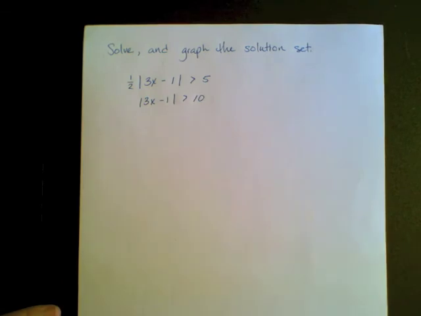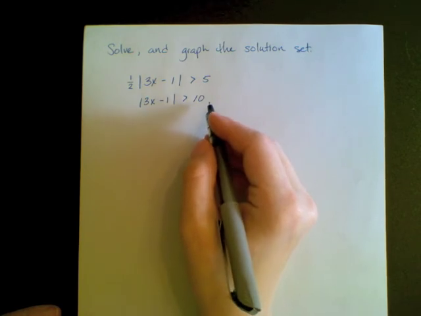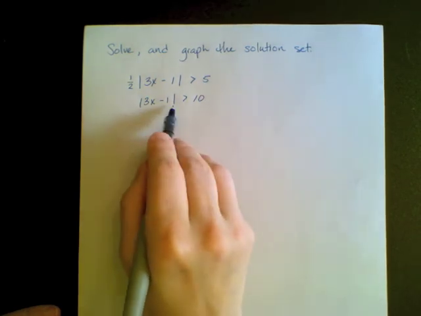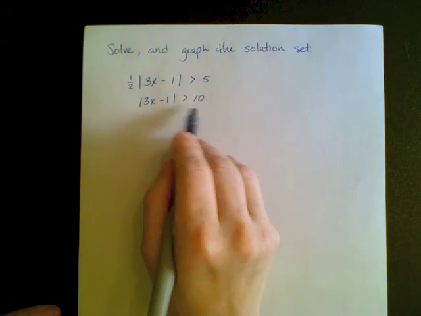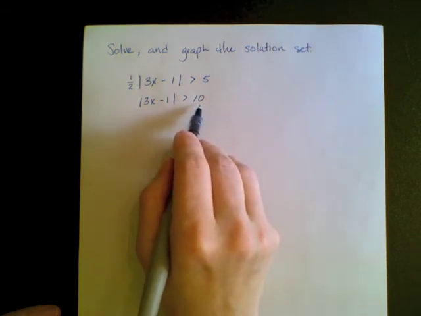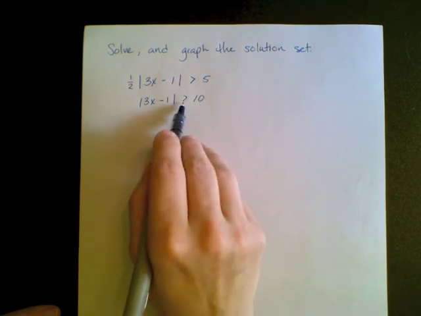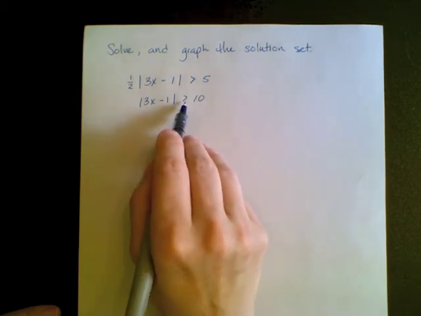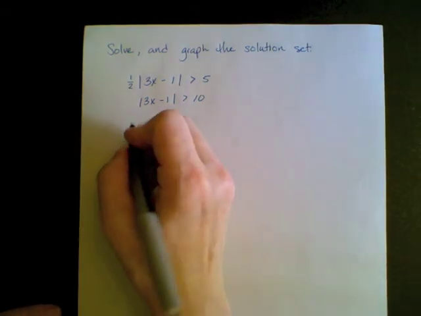And now I have the absolute value of 3x minus 1 is greater than 10. I've got my absolute value expression on one side and a positive number on the other. So I can rewrite this as a compound inequality. This is greater than, so I have to rewrite it as 2 separate inequalities.